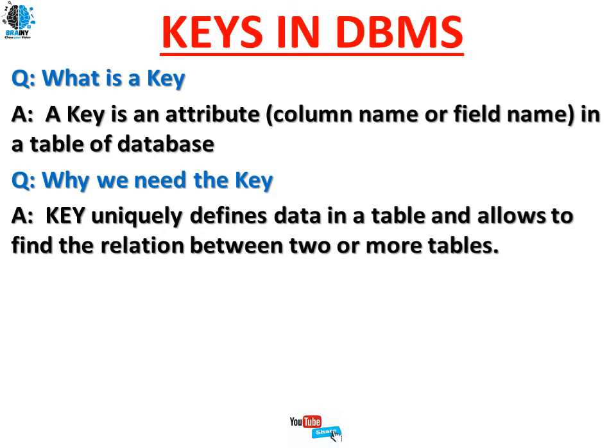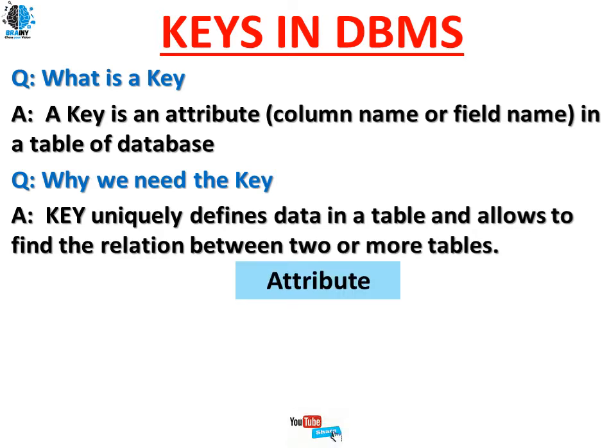Column names or the field names are nothing but attributes of that particular entity, or it is also called a key in a database table. So key uniquely defines data in table and allows to find relationship between two or more tables.